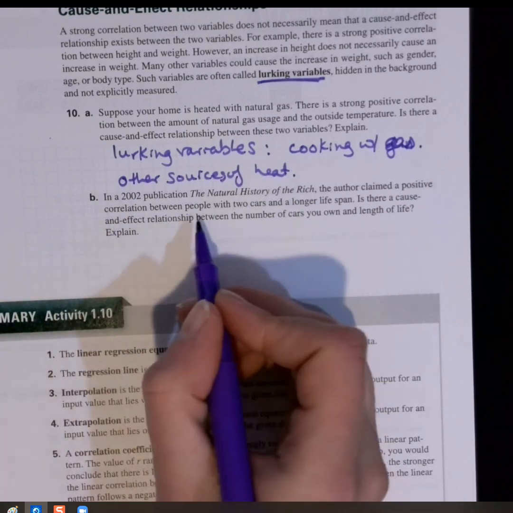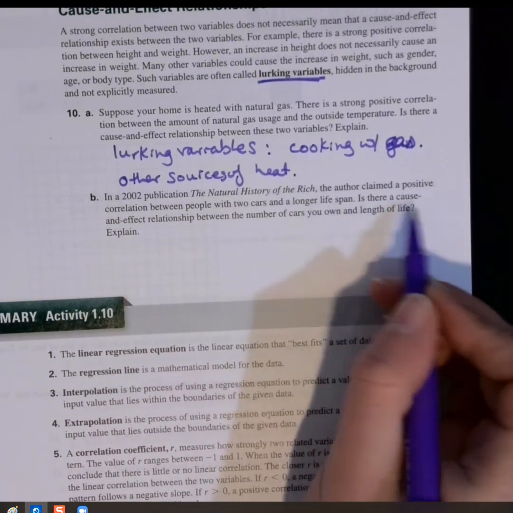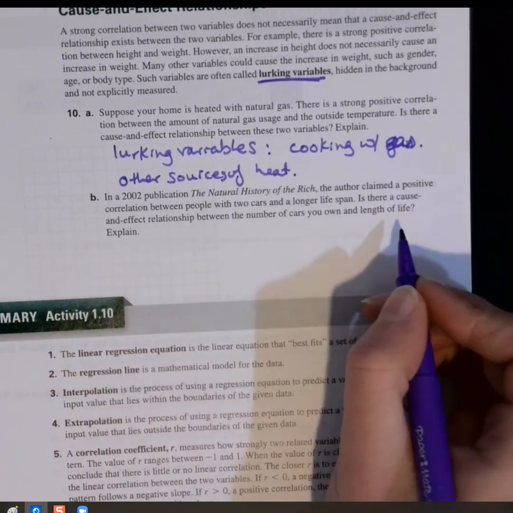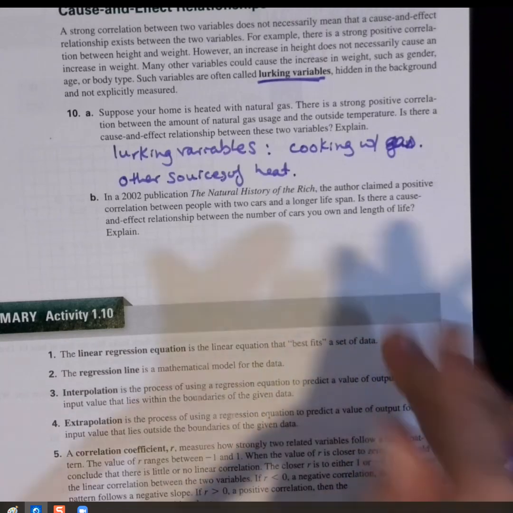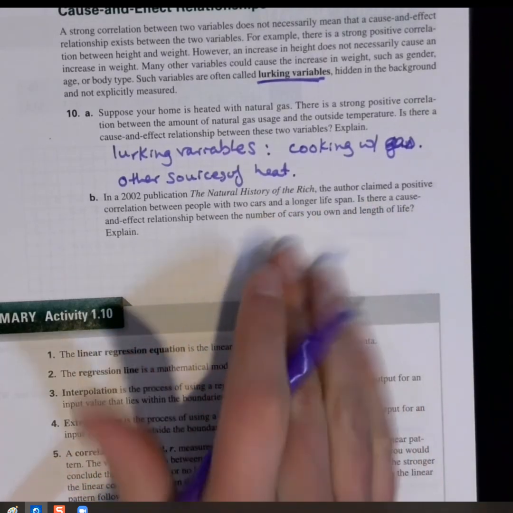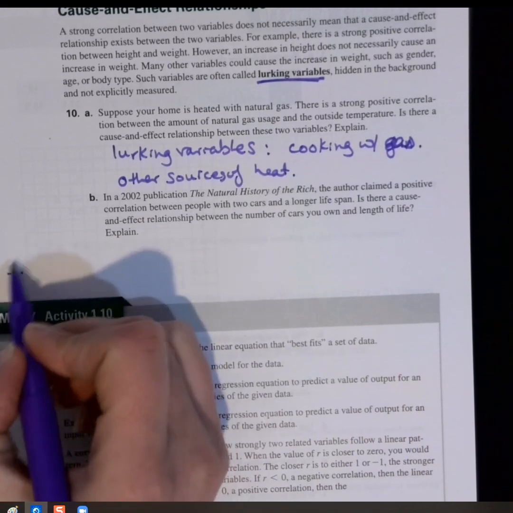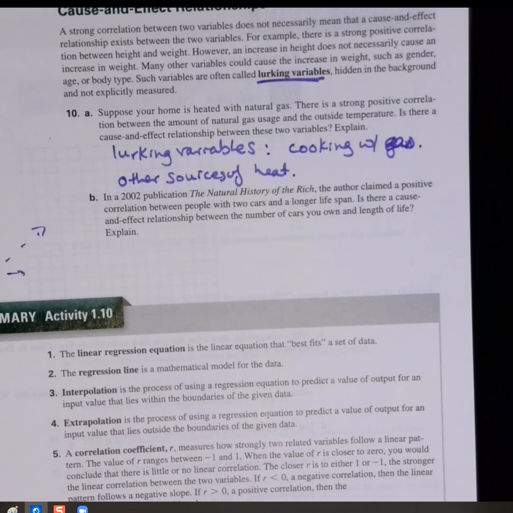Okay, so in the last situation, in 2002, there was a publication that claimed the correlation between people with two cars and a longer lifespan. Okay, so is there a cause and effect relationship between the number of cars you own and the length of your life? Interesting. So this is another situation where there are some lurking variables here. So the number of cars increasing seemed to indicate that you had an increasing lifespan.